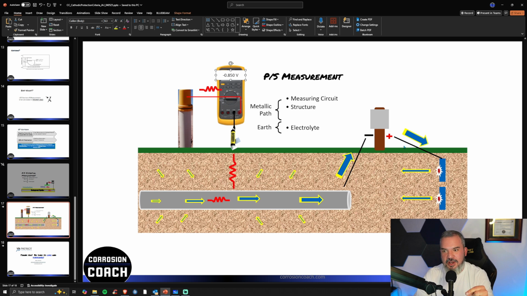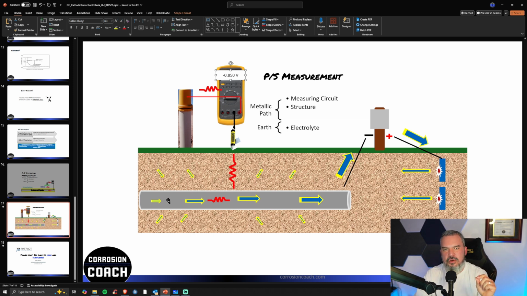So what we've done is we've installed our anodes on the positive side, and those anodes are blue today. We showed that to you earlier. It's going to produce blue current through the earth, and it's going to collect on our pipeline in various locations all up and down the pipe, not just in one spot.